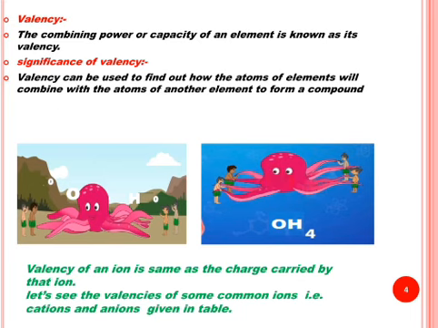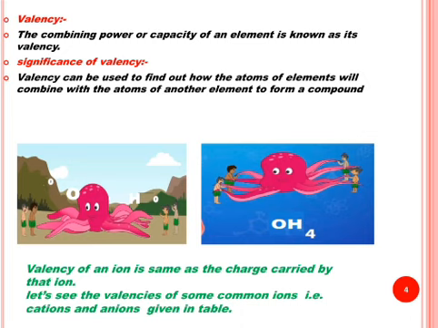In the same way, valency can be used to find out how the atoms of elements will combine with the atoms of another element to form a compound. So, the valency of the atom of an element can be thought of as hands or arms of that atom.